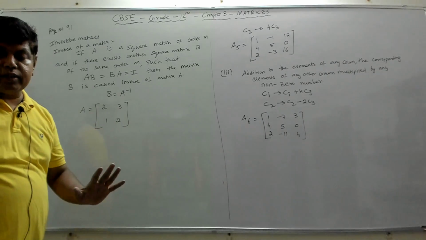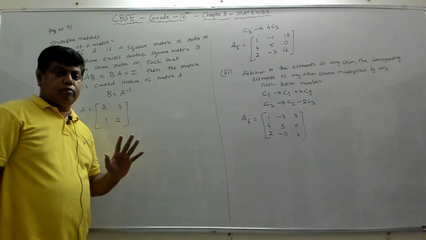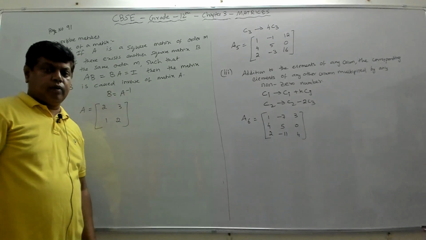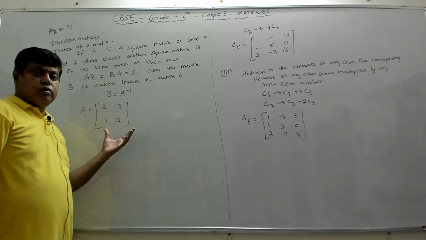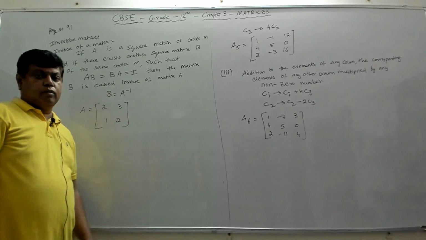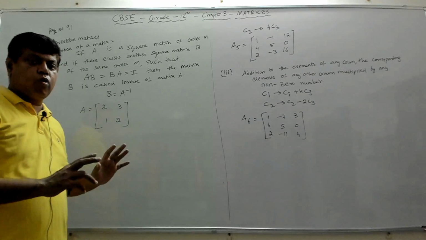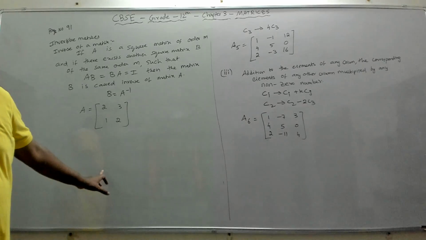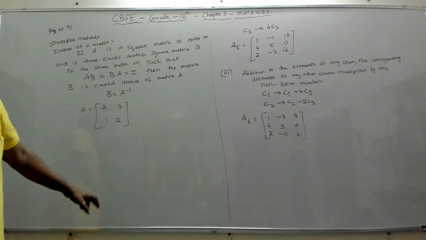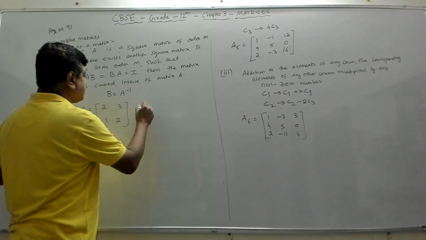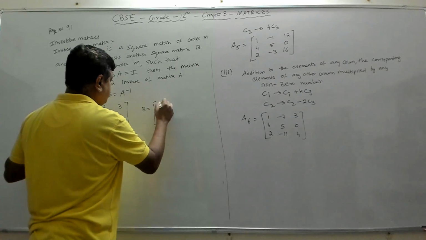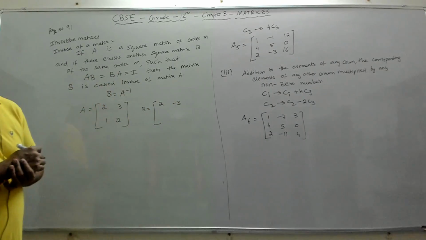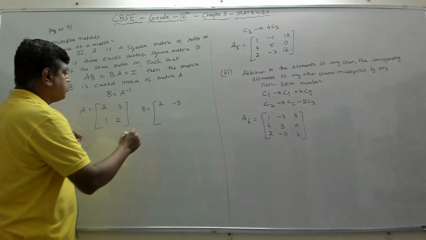Only square matrices can have an inverse; in non-square matrices, there is no concept of inverse. So it's a square matrix of order 2. Then suppose I take B as [2, -3; -1, 2].